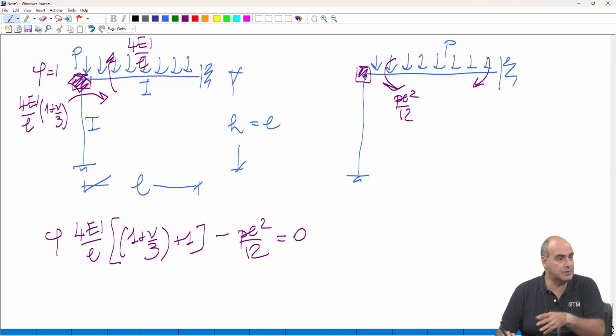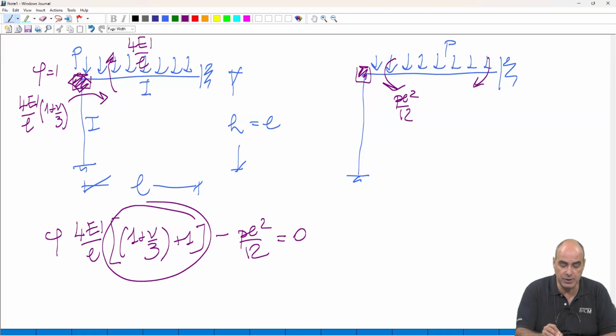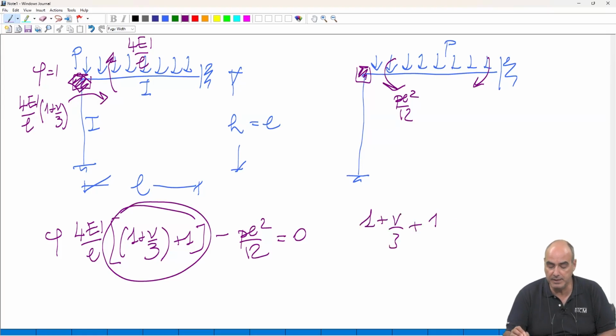Well, I can solve for phi, but I am interested in the buckling condition. What does the buckling condition say? The buckling condition brings infinite deformation and so on. So this is the coefficient of the unknown. So it should be 1 plus n over 3 plus 1 equal to 0.